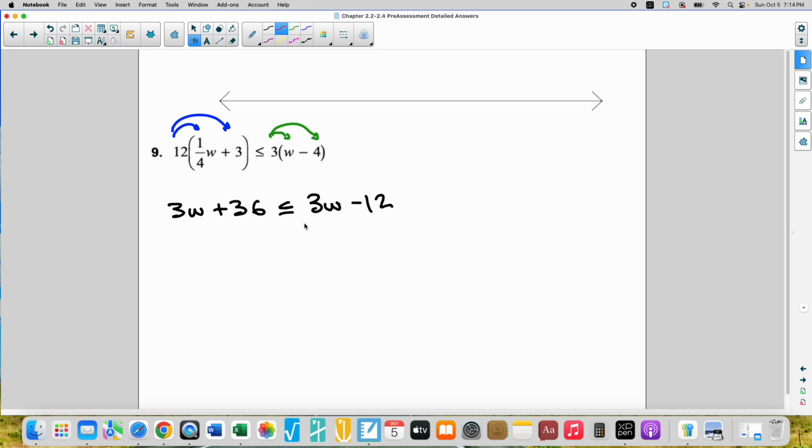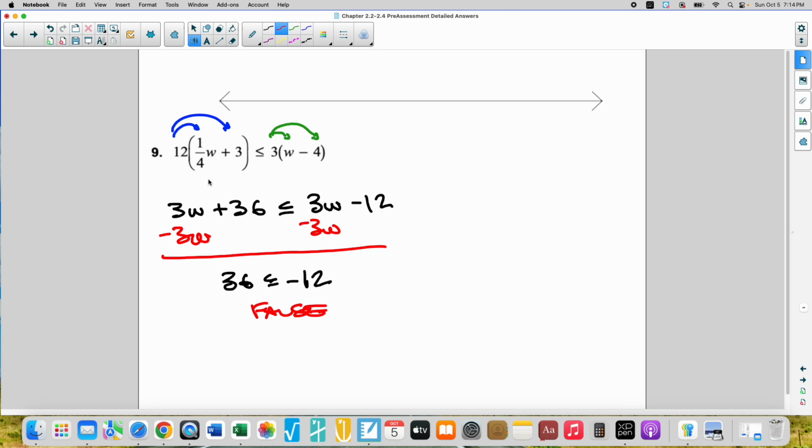We'll move the variables. 36 is less than or equal to negative 12. That is also false. Let's go back and make sure. Yep, that's 3w. Yep, that's 3w. False. So again, we get no solution.